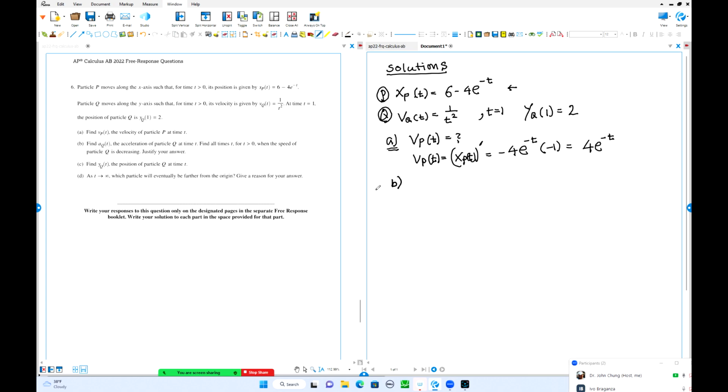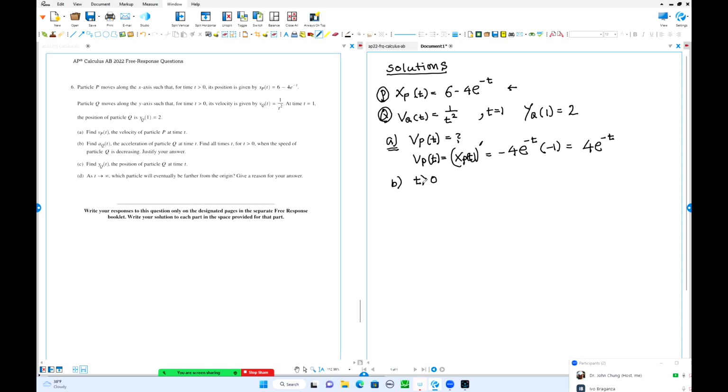Second one there. a_Q(t) is the acceleration of particle Q at time t. Find all values of time t, for t positive, in these intervals, when the speed of particle Q is decreasing.